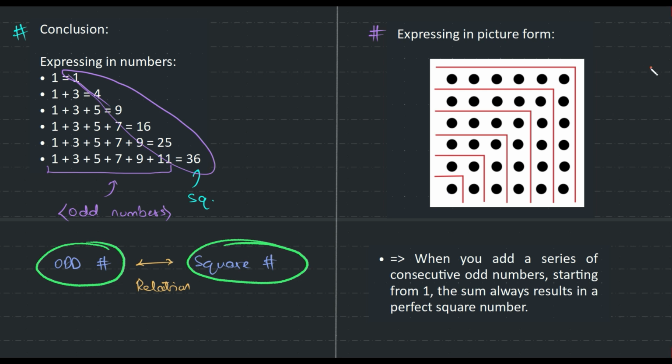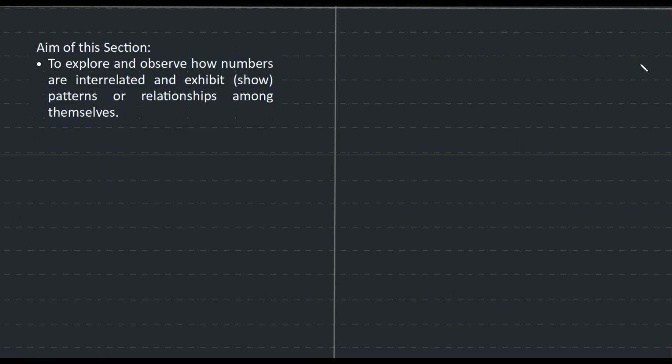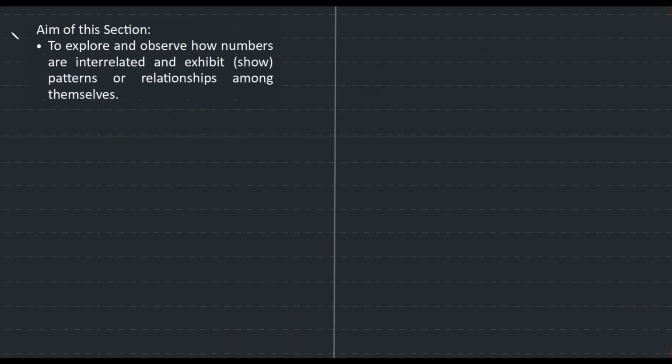So finally, the aim of this section is to explore and observe how numbers are interrelated and exhibit, which means show, a pattern or relation among themselves. That's our agenda over here.